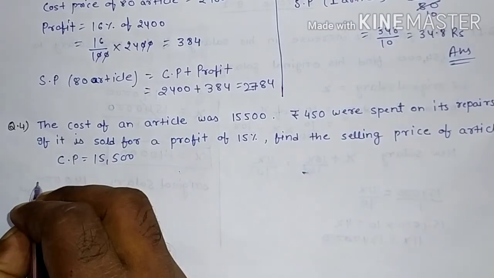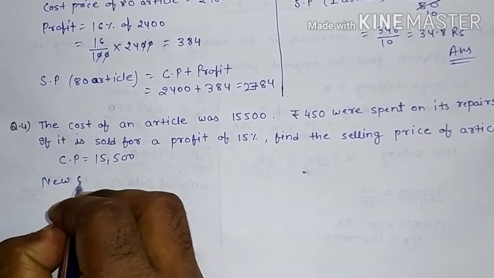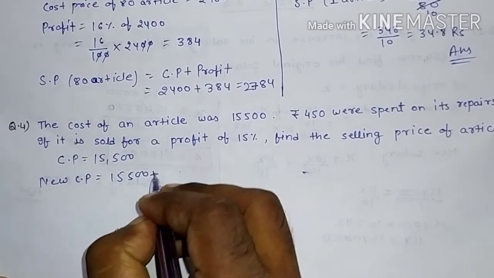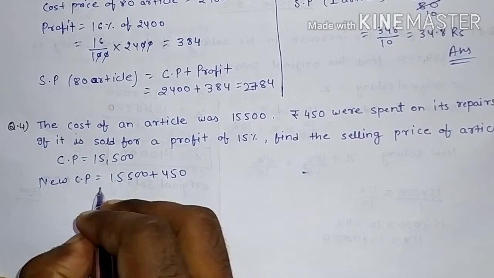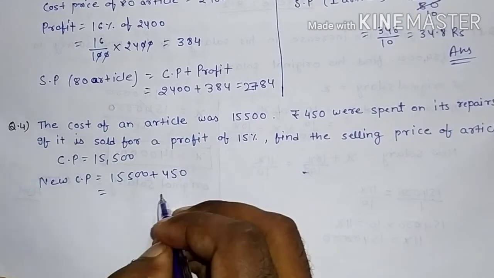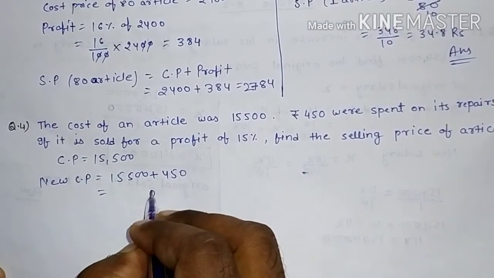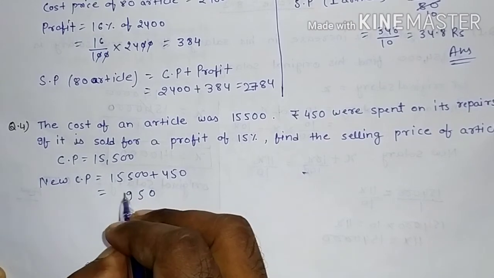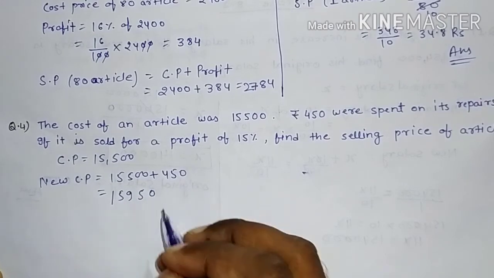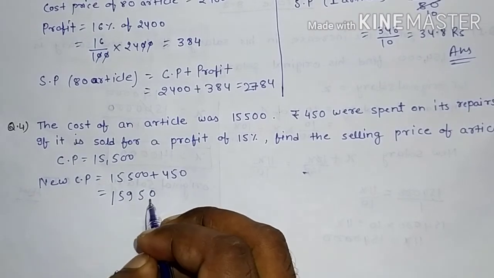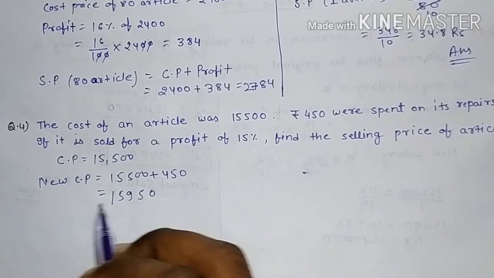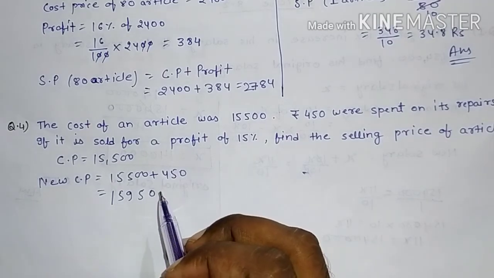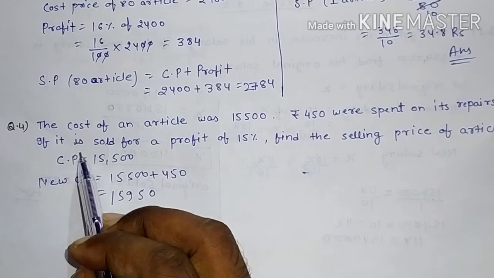So the new CP is equal to 15,500 plus 450. So this equals 0, 5, 4 plus 5 that is 9, 5 and 1. So 15,950 rupees is the new cost price of an article.